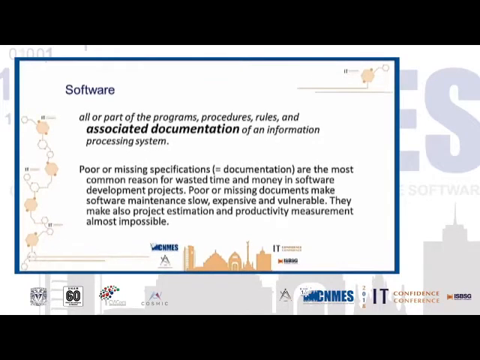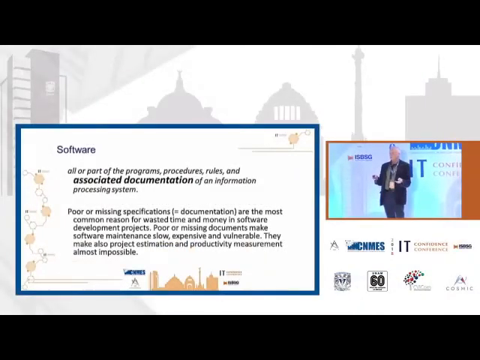Also, poor and missing documents make software maintenance very slow, very expensive, and also vulnerable. If you don't have any good documentation, you probably fix the wrong place, and you cause a lot of problems somewhere else.